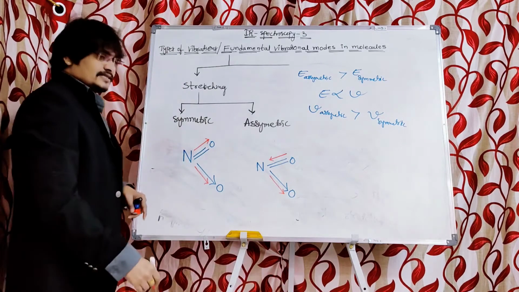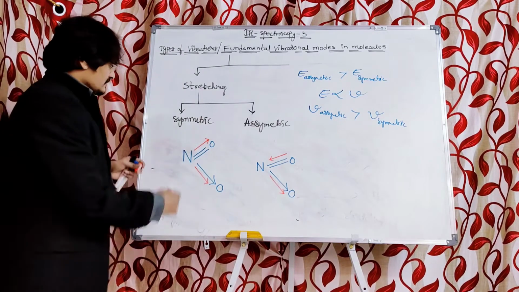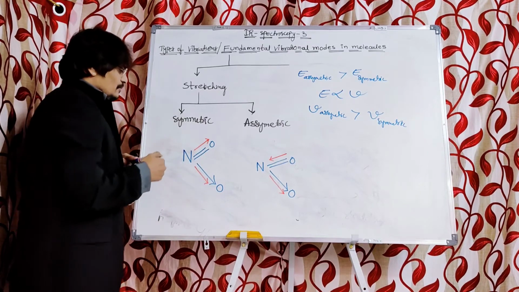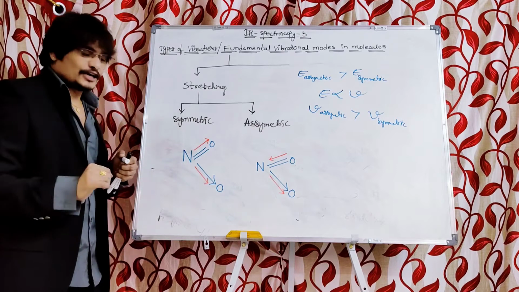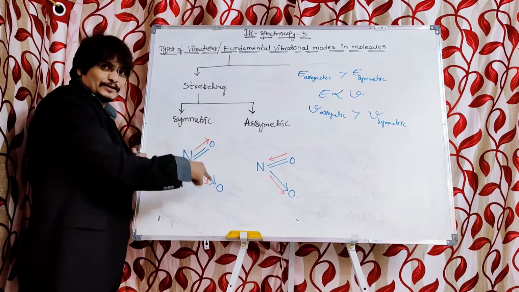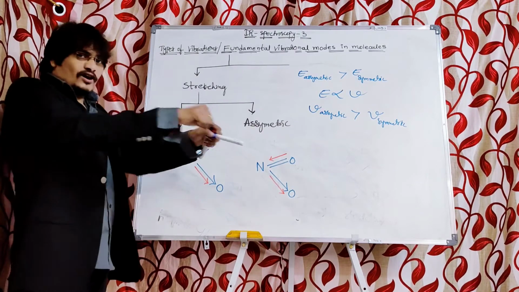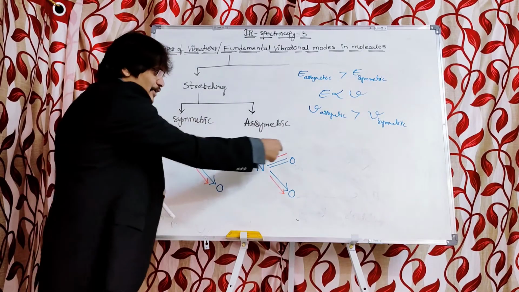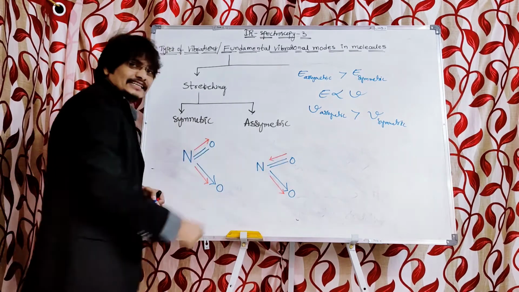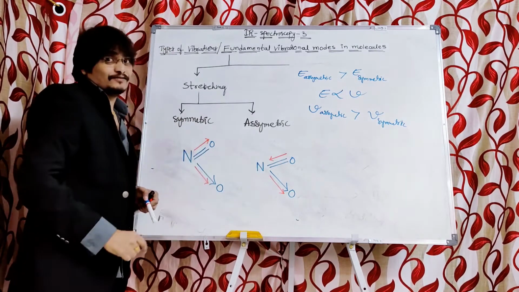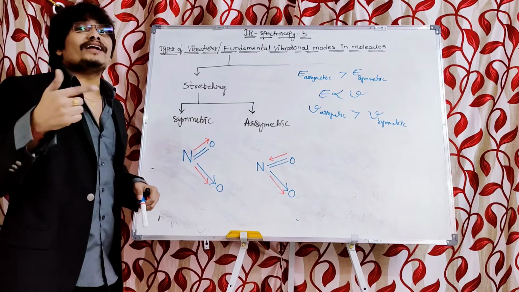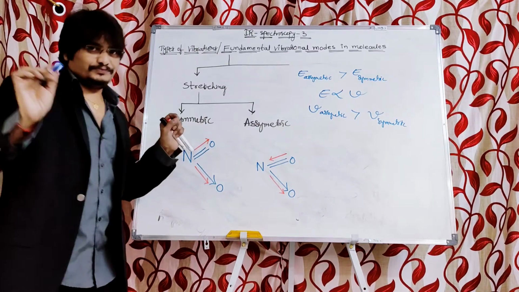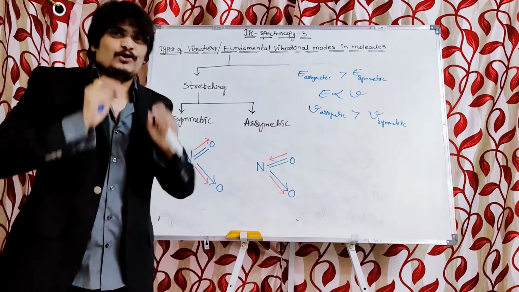So dear students, based upon the structure, it is very clear that this is symmetric stretching because both are increasing, and this is asymmetric stretching because one is decreasing and another one is increasing. What is increasing and what is decreasing? Bond length is increasing and bond length is decreasing. Got it?